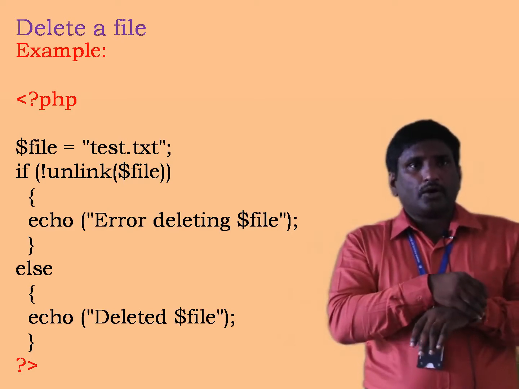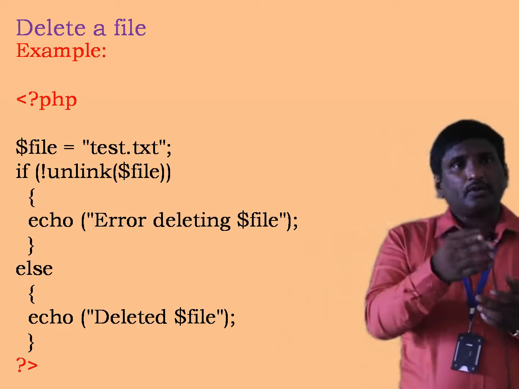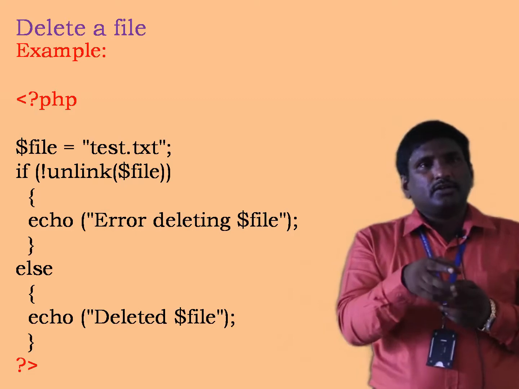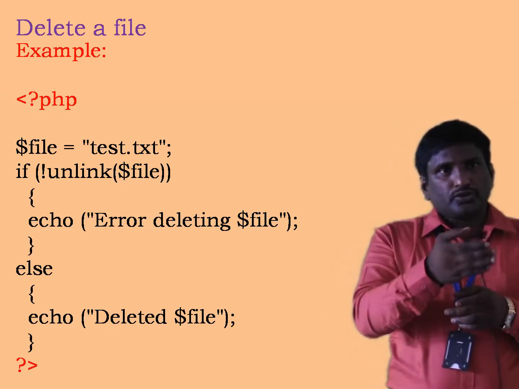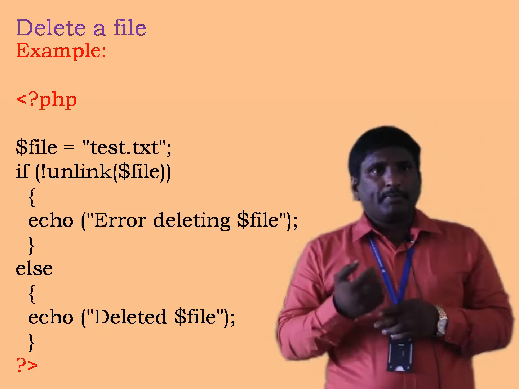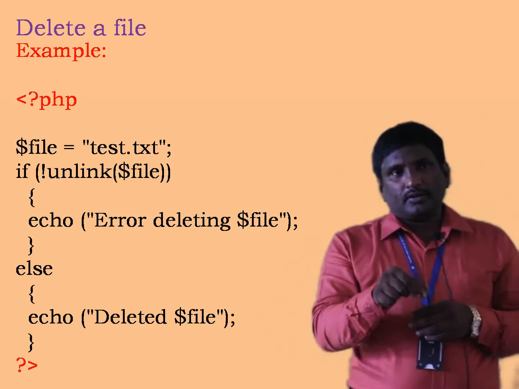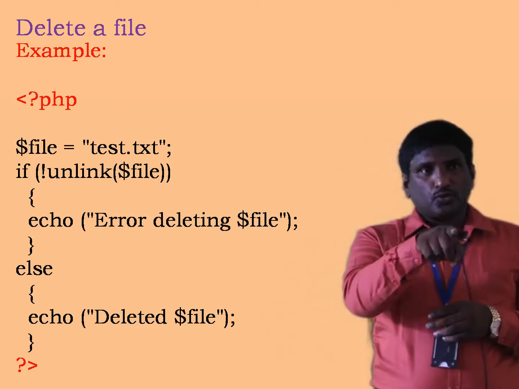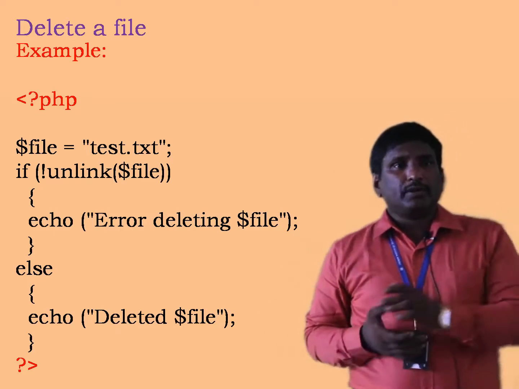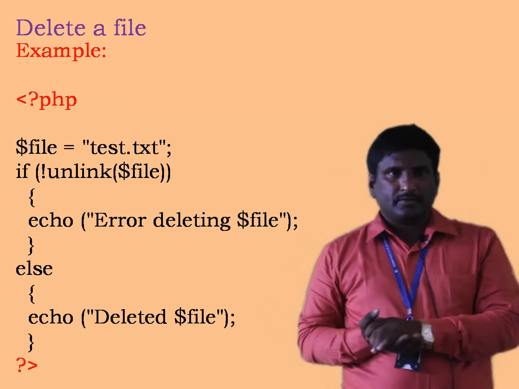Suppose it is not deleted, then it returns false, so the else part will be executed. Why? Because the unlink function is used to delete the file. If it returns true, so that not means false, the output will be that the file is deleted. So the test.txt file will be deleted.